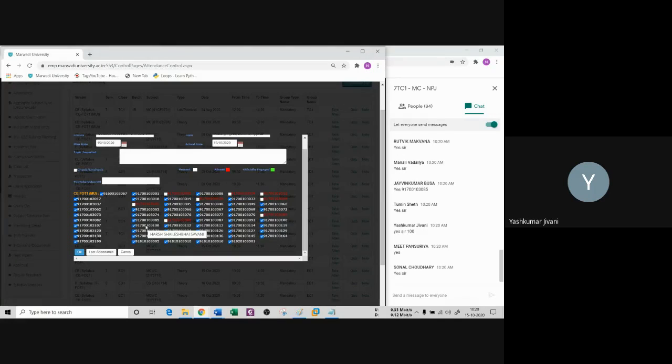Sir, 100 present. 112 Vicky. 113 Keval. 114 Archan. 119 Yug. 120 Palak. 121 Karan.